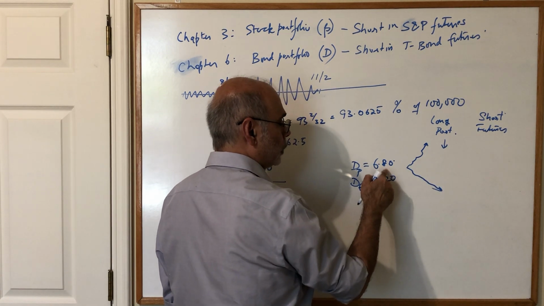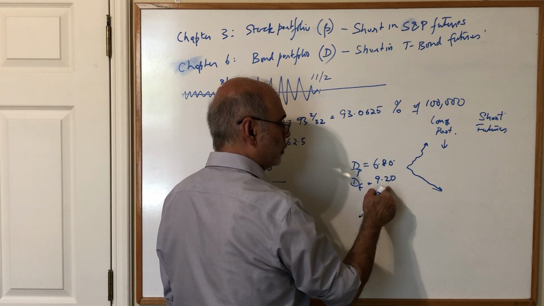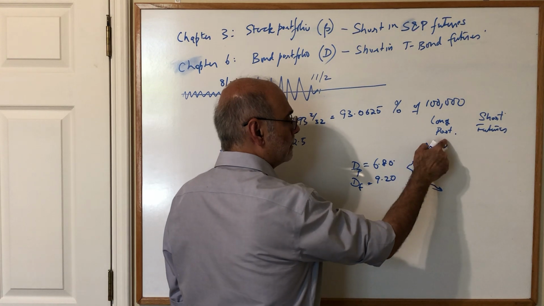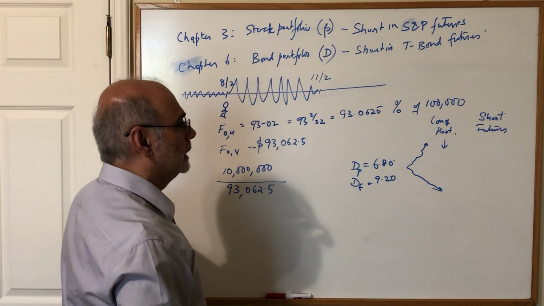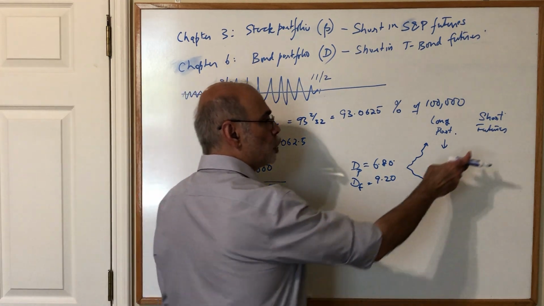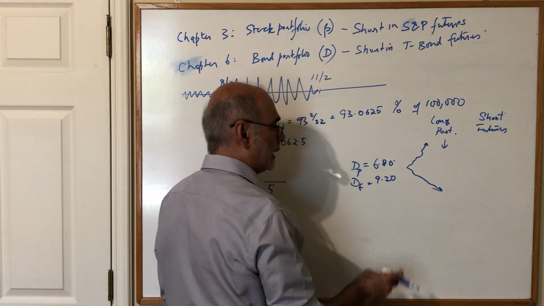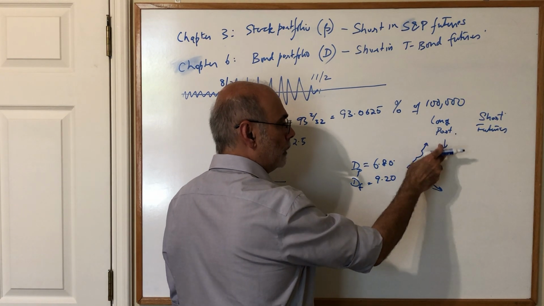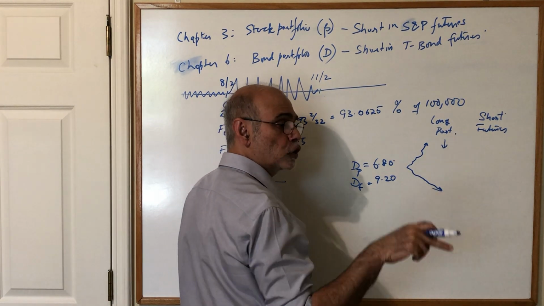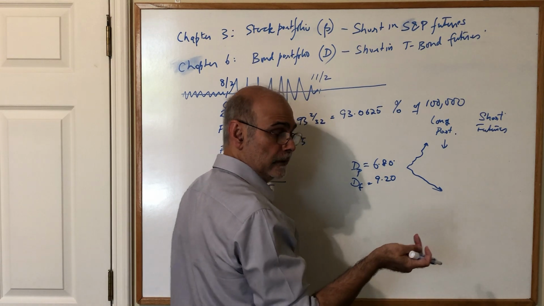But your portfolio has a relatively short duration, so when interest rates go up, its value will drop by a small amount. Okay? Now, you have a short position in the futures contract. When interest rates go up, your long position drops in value, but your short position goes up in value. Right?